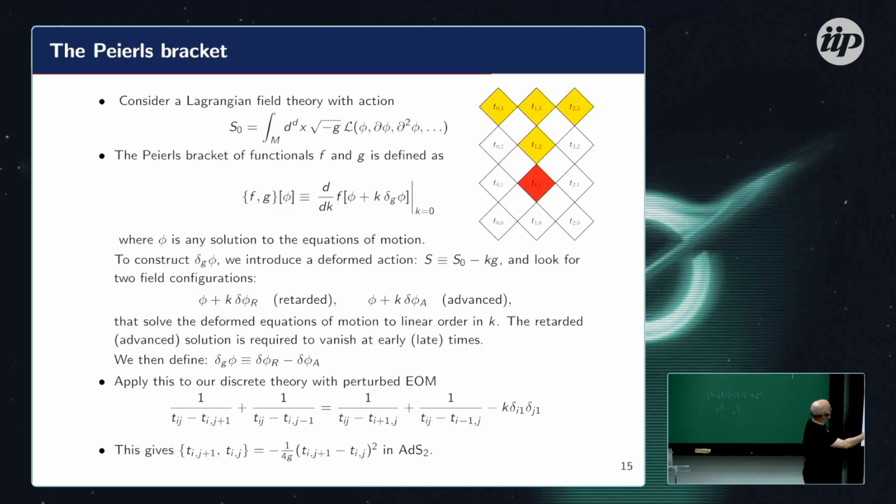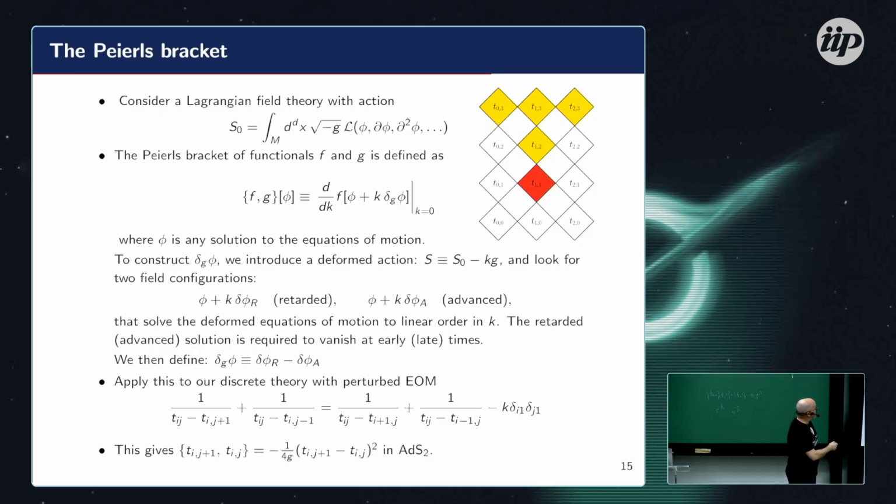Here is a Lagrangian in d dimensions, and your local field is phi. And then you're interested in observables f and g, and the question is, what is their Poisson bracket? So what you do is you compute this derivative. Well, there is this delta_g of phi appearing in this formula, so first I have to tell you what it is.